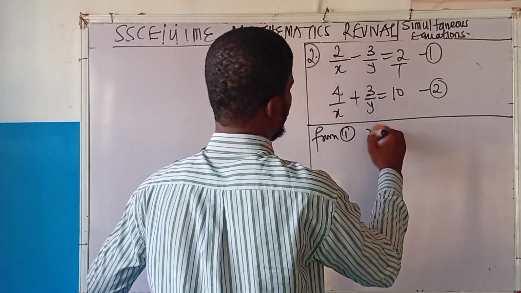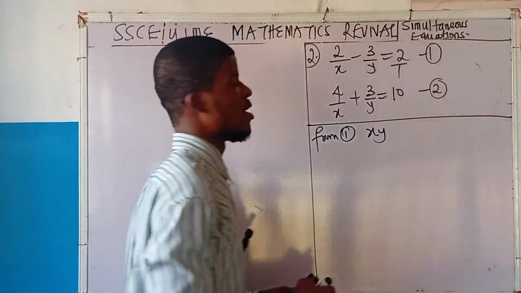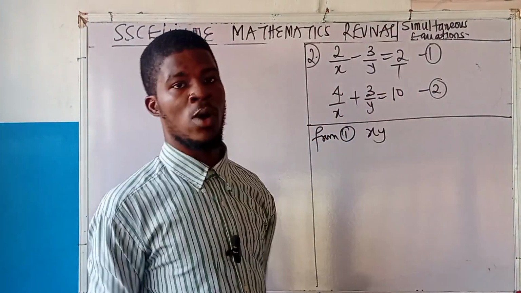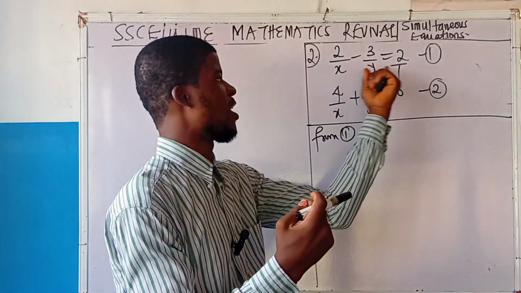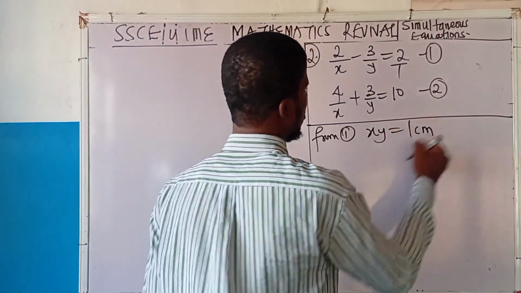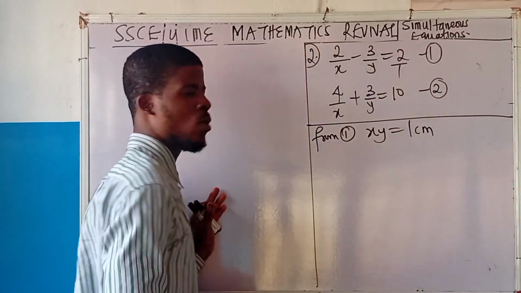This is x, this is y, this is 1. Since they are different, to get the LCM, just multiply the 3 of them together. x times y times 1 is xy. So use this xy to multiply everything in equation 1.